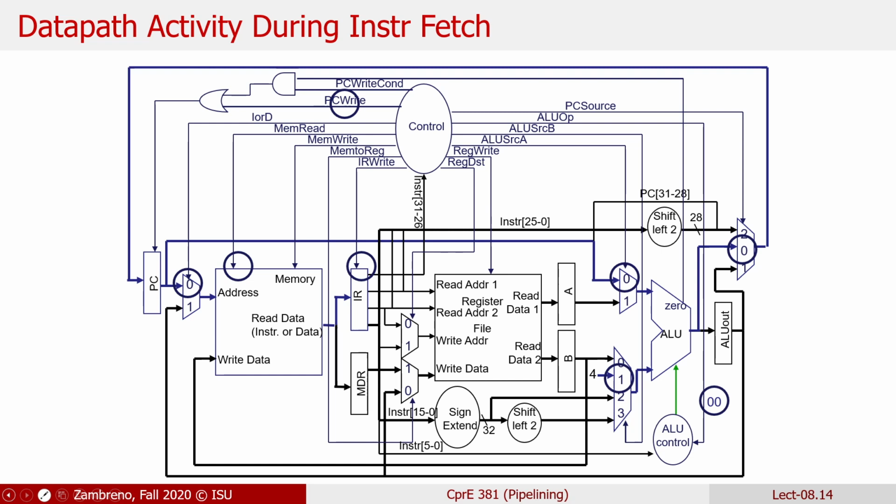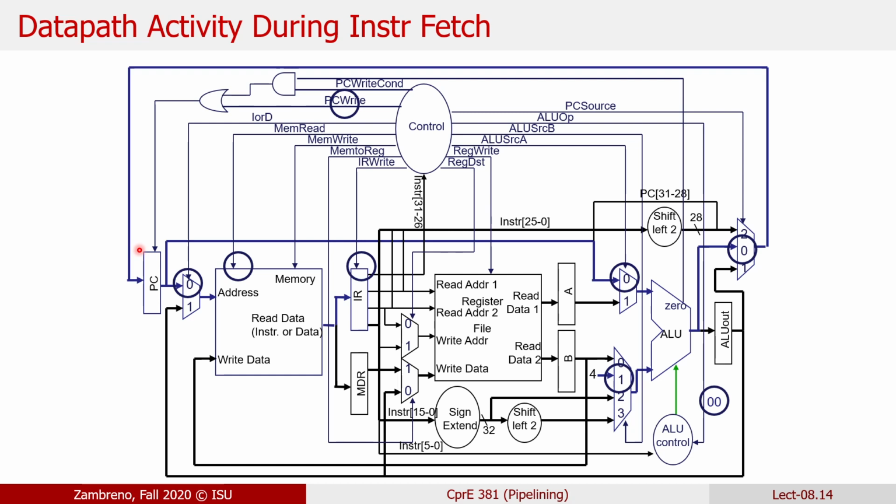Some of these are obvious. Others we can spend a little bit of time discussing what they're trying to do here. For example, we have a control signal referred to as PC write. PC write is a write enable for our program counter that we didn't actually need before in our single cycle implementation. And we didn't need it before because we always wrote to the program counter.